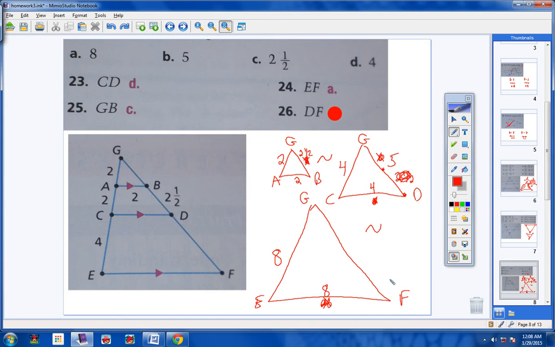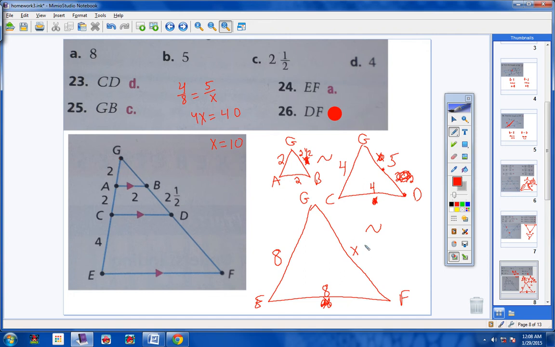Shouldn't be too hard. I'm just going to say 4 over 8 equals 5 over, and we'll call this x right here. So 4 over 8 equals 5 over x. So 4x equals 40. X equals 10.